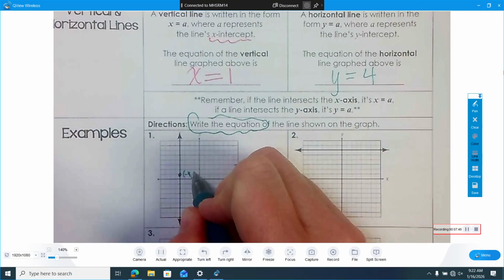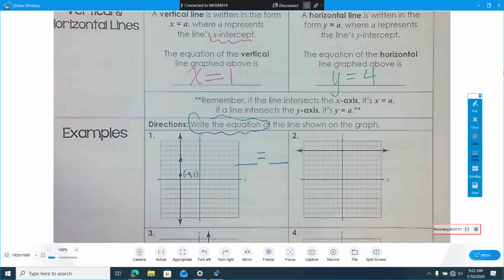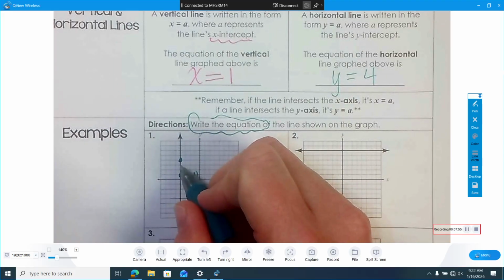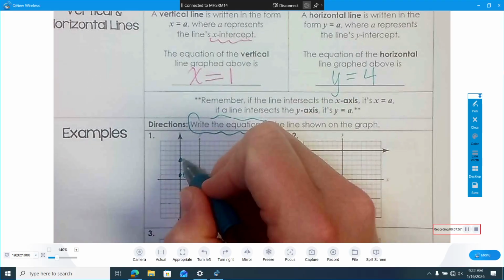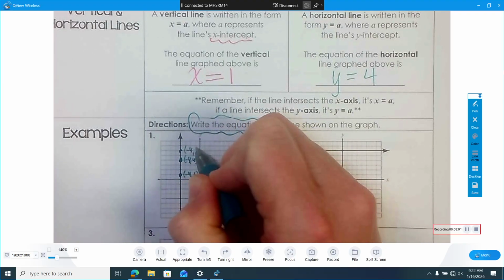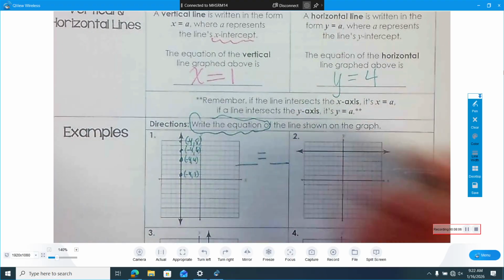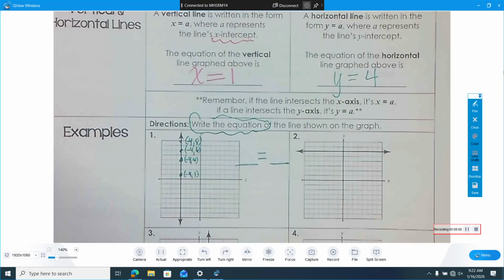-4, 1. Let's label a couple more. What's this point? Yep, -4, 4. And this point would be -4, 6. And this point would be -4, 8. All right? What matches? The x.